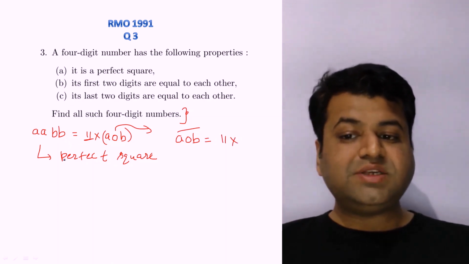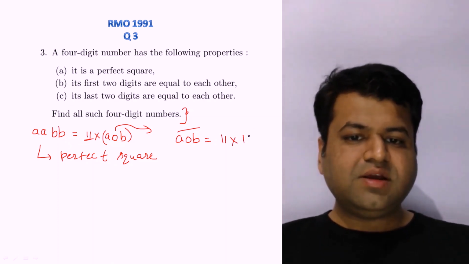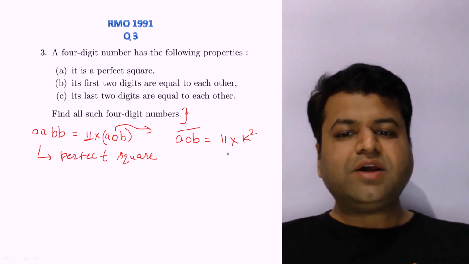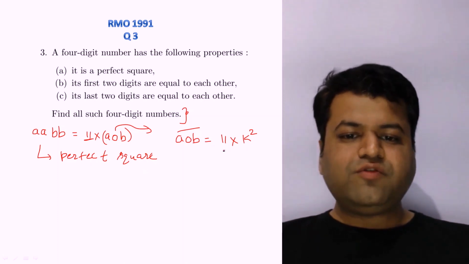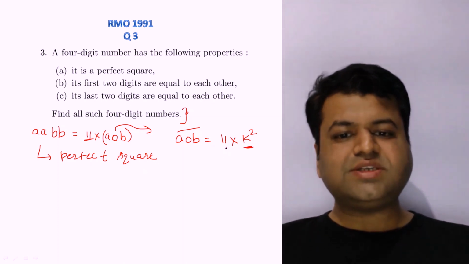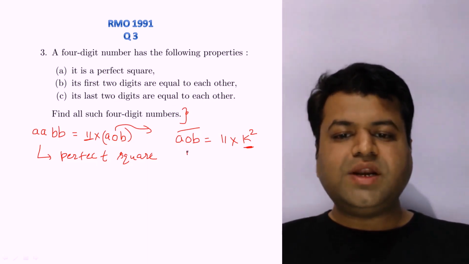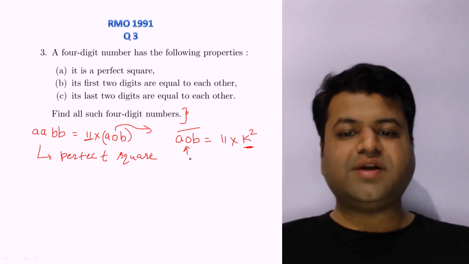And since again this number is a perfect square, it should be 11 times a perfect square. So what is our question reduced to? We need to find some k square such that 11 into k square will give us a 3-digit number whose middle digit is nothing but 0, right?